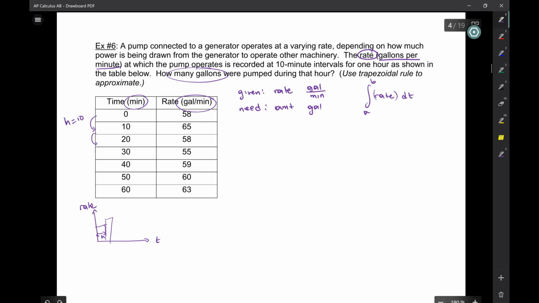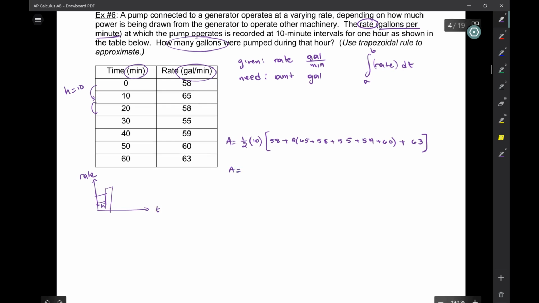So the area underneath here is going to be 1/2 times the height times base 1 plus, remember how we do these? 2 of each of the middle ones. So 2 times 65 plus 58 plus 55, 59, 60, and then just 1 of 63. So in the end, 3575.